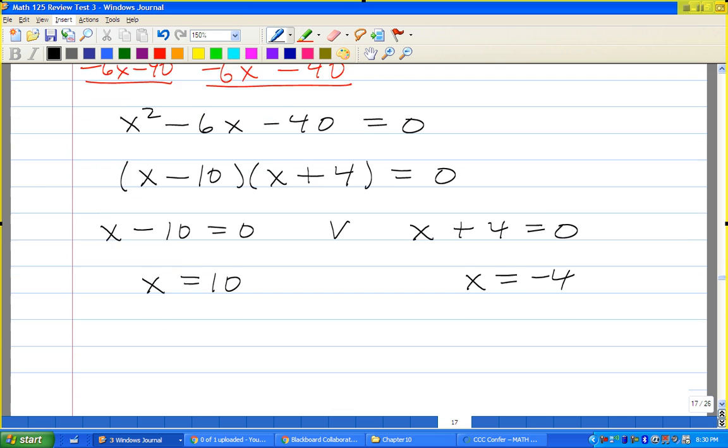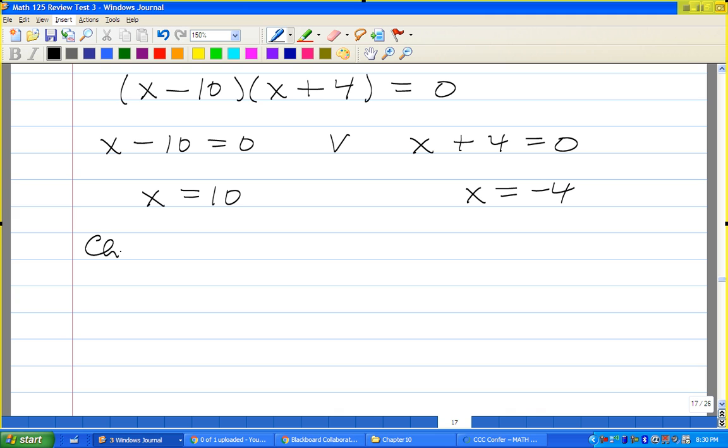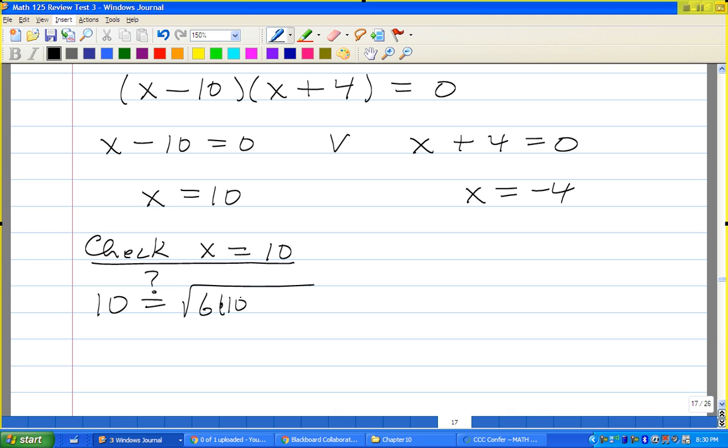So let's check. If x is 10, then, well, is 10 equal to the square root of 6 times 10 plus 40?